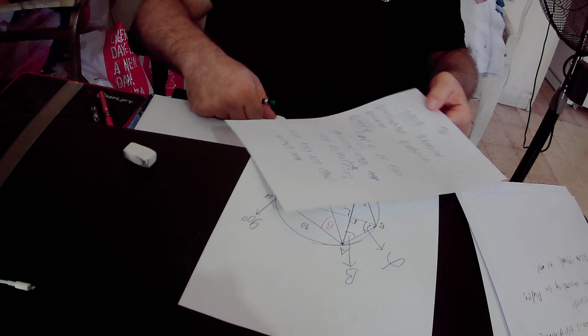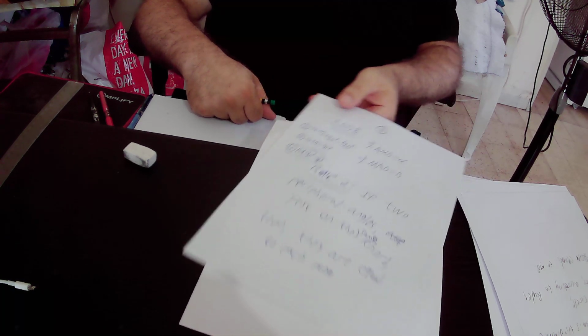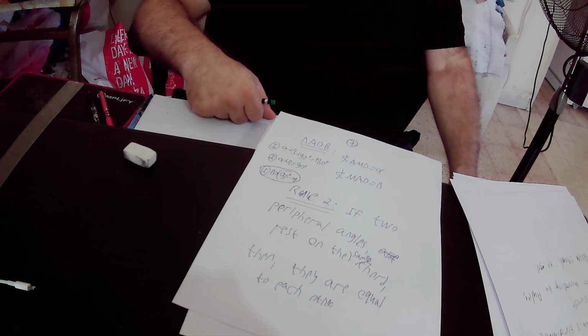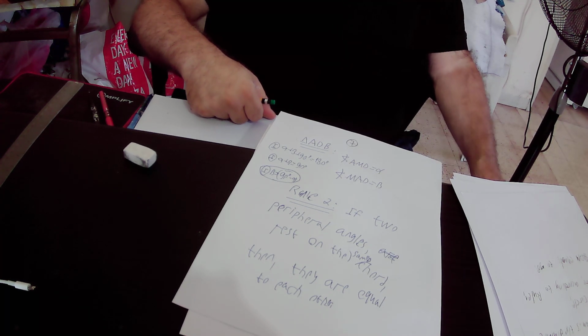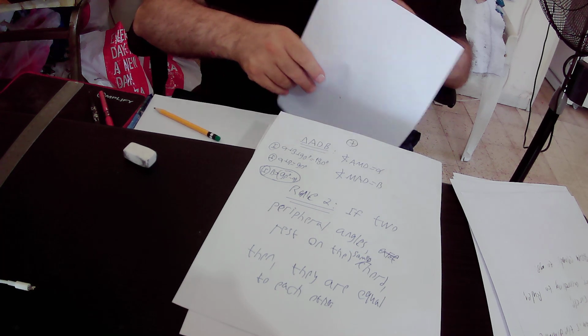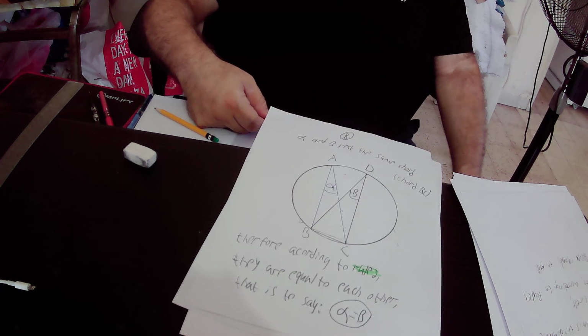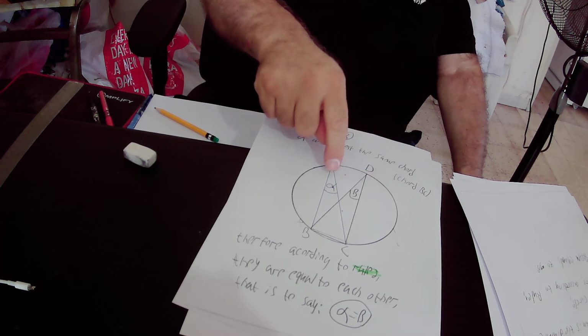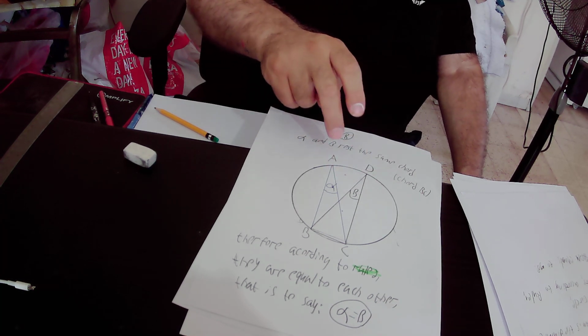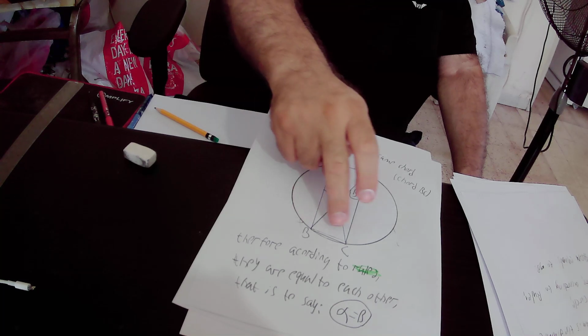Then we have rule number 2 that states that if two peripheral angles rest on the same chord, then they are equal to each other. So actually, to give you an example of what rule number 2 means, we have two peripheral angles, alpha and beta, and both of them rest on the same chord BC.